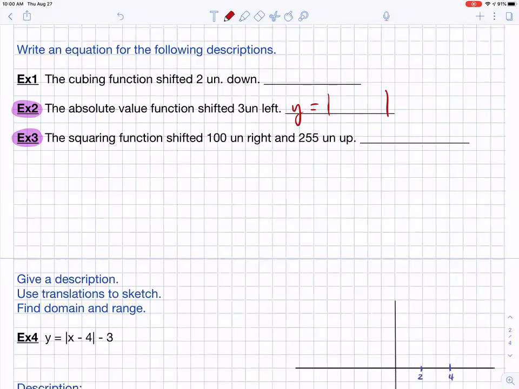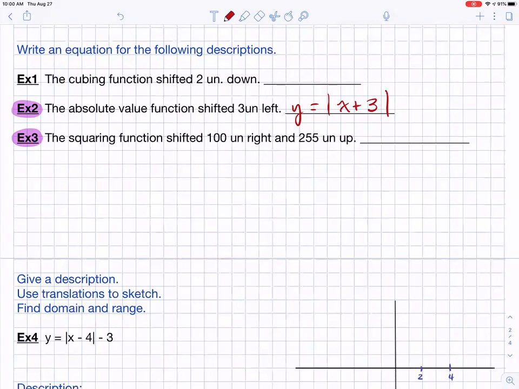How am I going to write that inside the parent? X plus 3. Why am I writing x plus 3 when it's going to the left? Yeah, whenever we're inside the parent, when I'm adding or subtracting, it's opposite from what we expect it to be. Backwards from what we expect it to be.